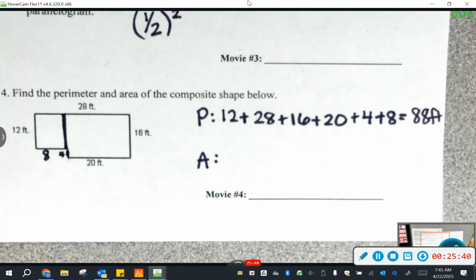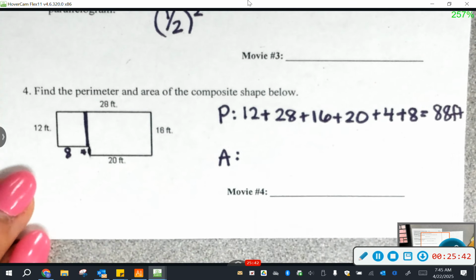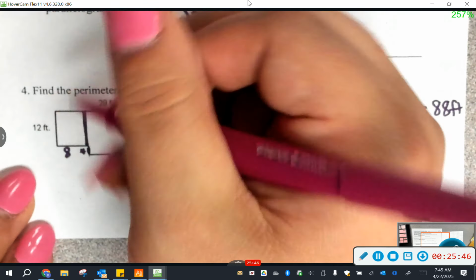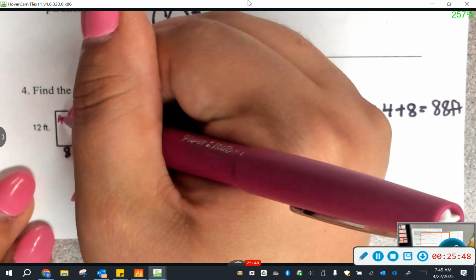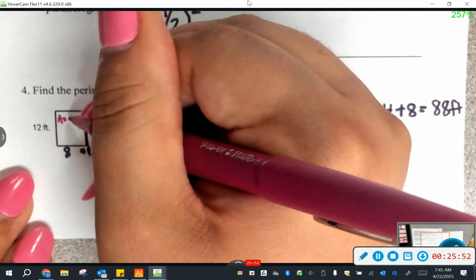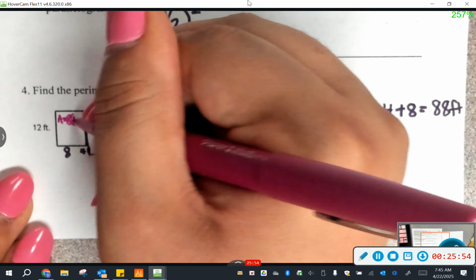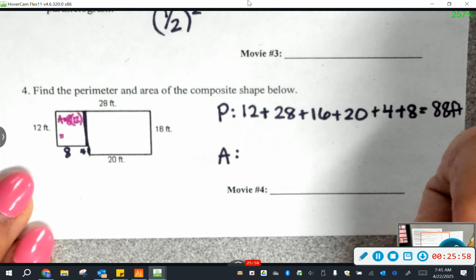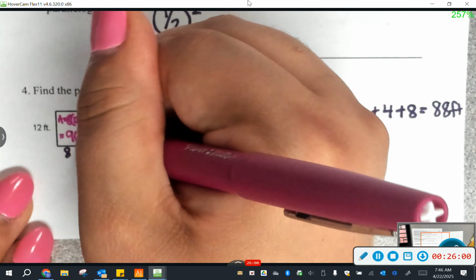How do I find the area? Got to split it up. What's my base? I'm going to do it inside the shape. What is my base here for this one? 8. What's my height? And 8 times 12 is 96.